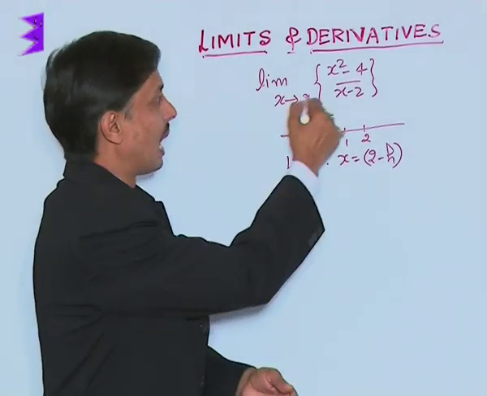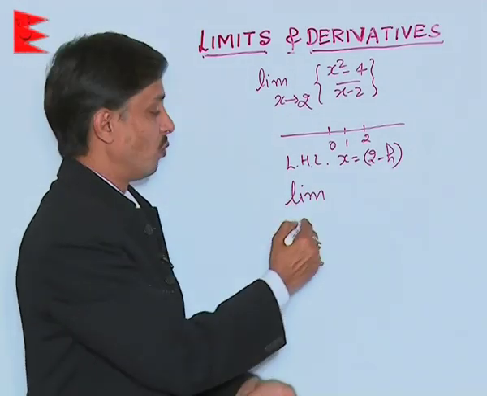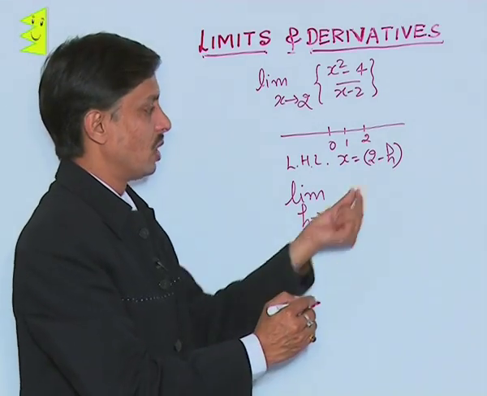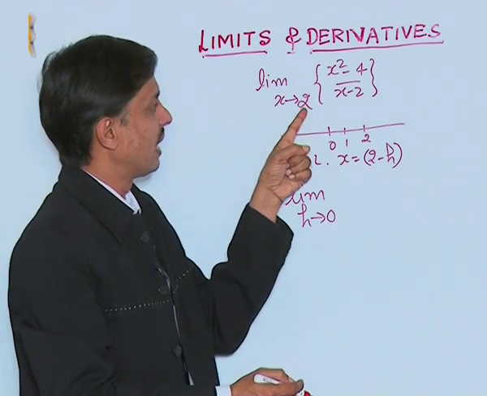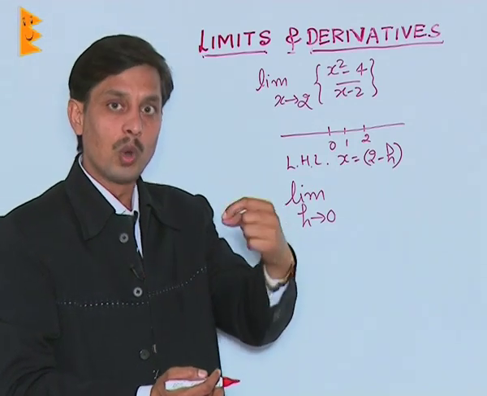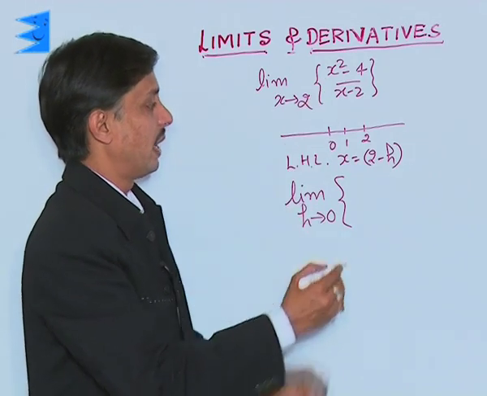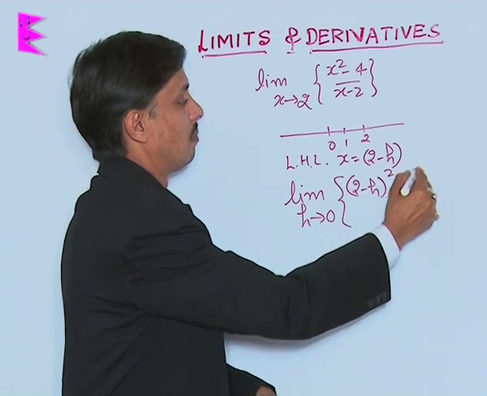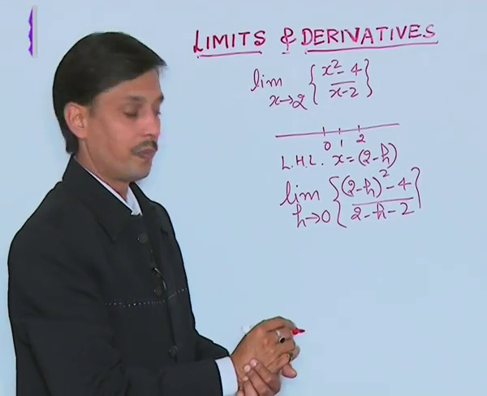So we have to write here limit not x tending to 2. We will write limit h tending to 0, because h is very close to 0. As here it was limit x tending to 2, the value of x is not 2, it is either a bit more or a bit less. Limit h tending to 0, in place of x, we will put 2 minus h whole square minus 4 upon 2 minus h minus 2.